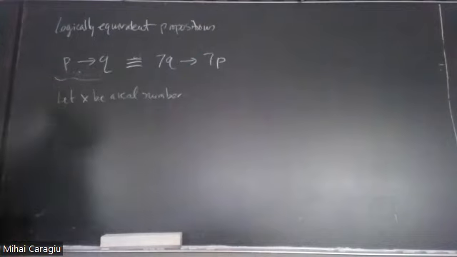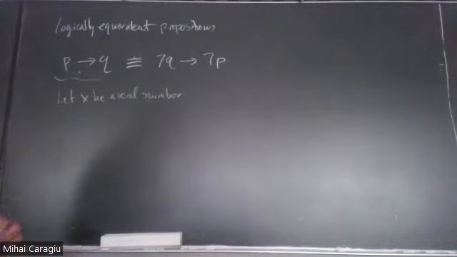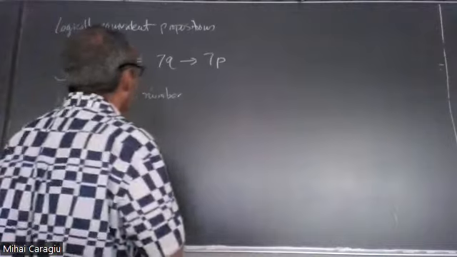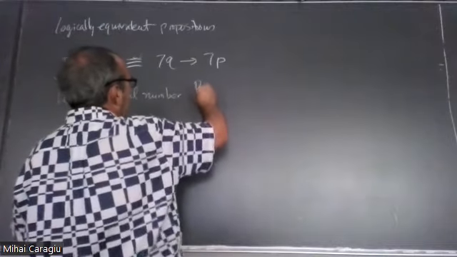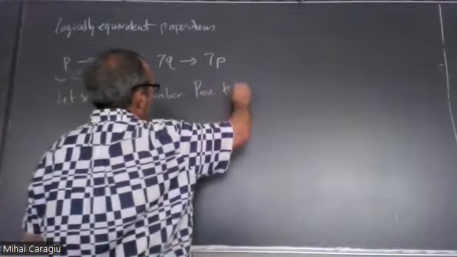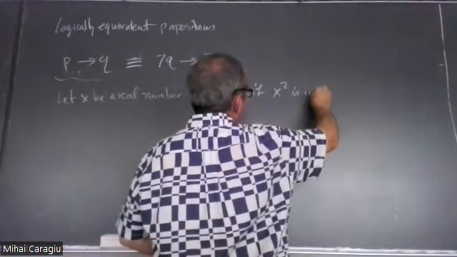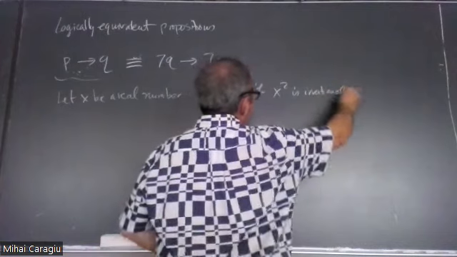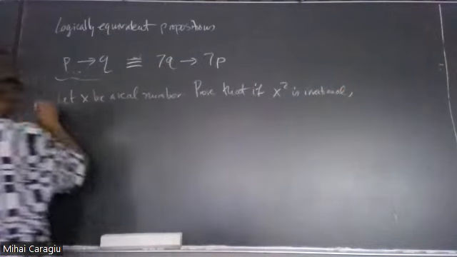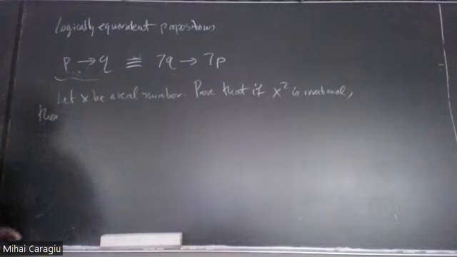Prove that if x squared is irrational, then x is irrational.